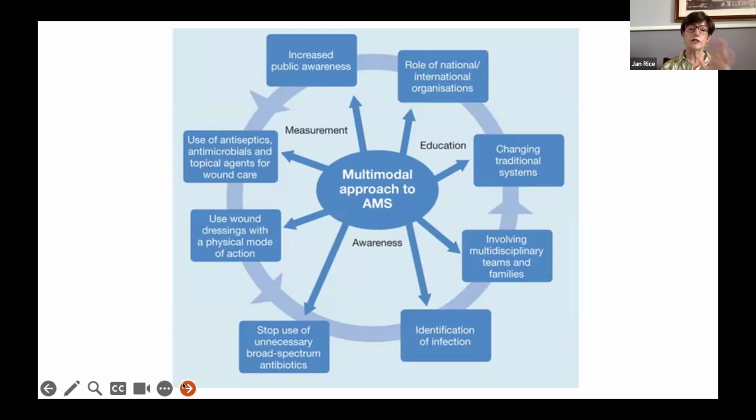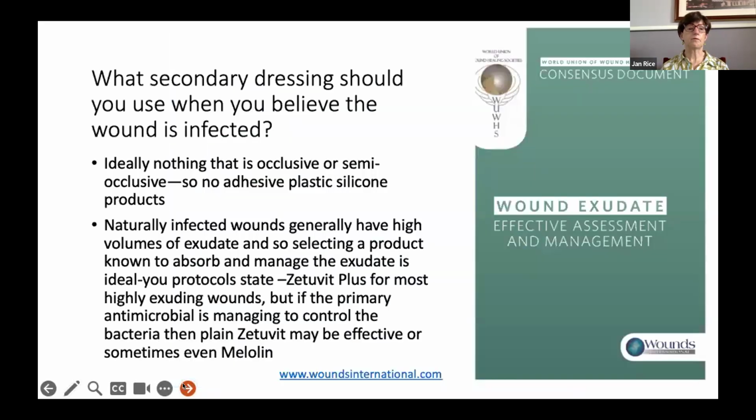This is a nice chart for you to have a look at, in the traditional systems involving multidisciplinary teams: identify the infection, stop use of unnecessary broad spectrum antibiotics, use wound dressings with a physical mode of action, such as Medihoney, for example. We know it sucks, and so it's great at removing microorganisms and slough and muck from the wound. So this is a nice one to look at.